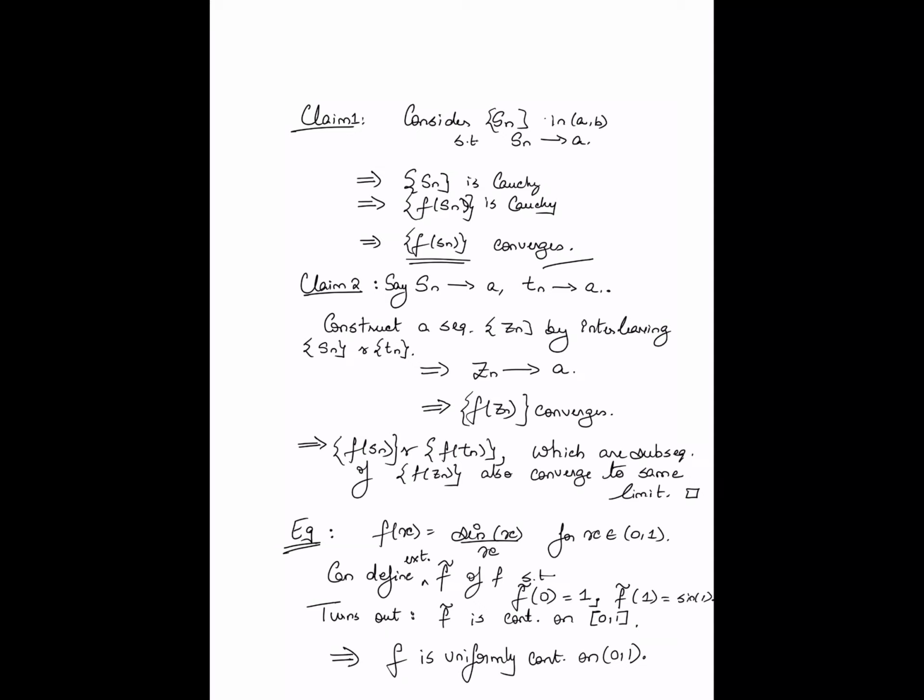That tells you how you can define the extension such that you have continuity of the extension on the corresponding closed interval. And once you have that, by the previous result, you know that your function is uniformly continuous on the open interval (0, 1). So this is basically telling you that sine x by x is, unlike 1 by x squared, in fact uniformly continuous on the open interval (0, 1). Okay, so that brings us to the close of our discussion on uniform continuity.